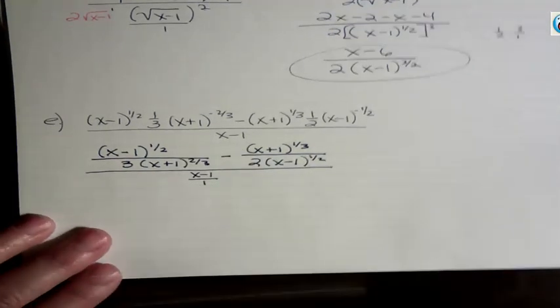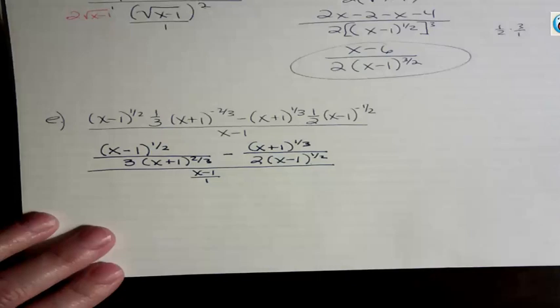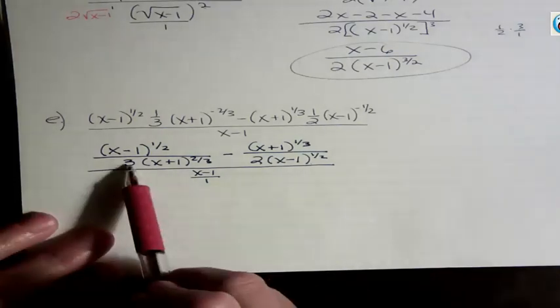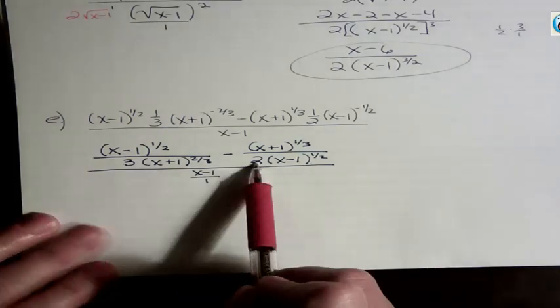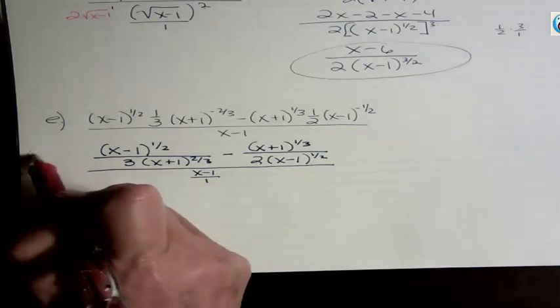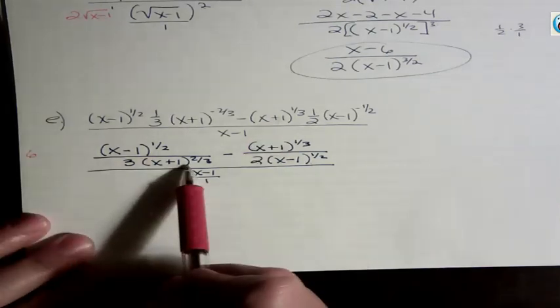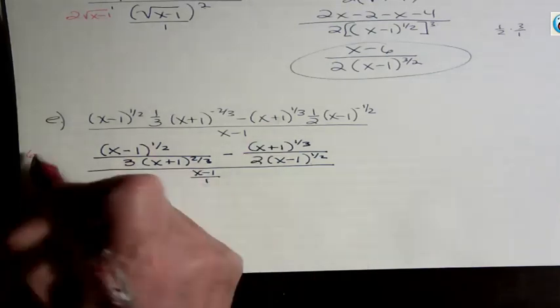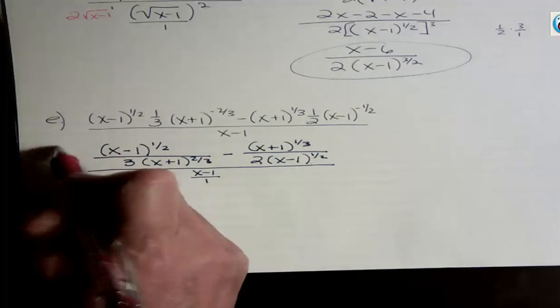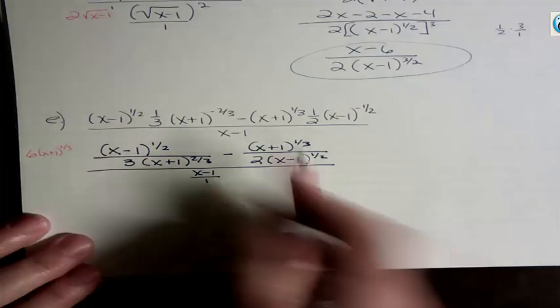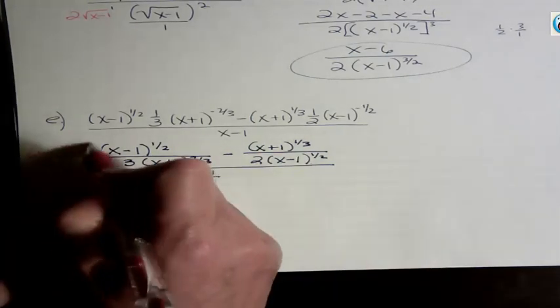And now you're going to multiply everything by the LCD. The LCD, well, we have a 2 and a 3, so we're going to have an LCD that's got a 6. You've got an x plus 1 to the 2/3 power, and you've got an x minus 1 to the 1/2 power.